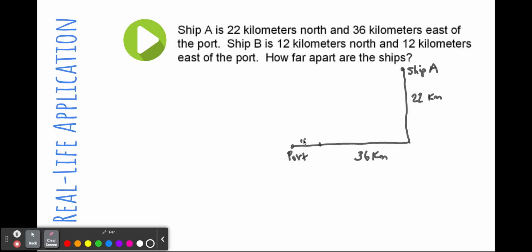We'll call this 12 kilometers. These are all approximations. And then another 12 kilometers. So this is ship B, located right here. So what we're wanting to know is this distance right here between ship A and ship B.